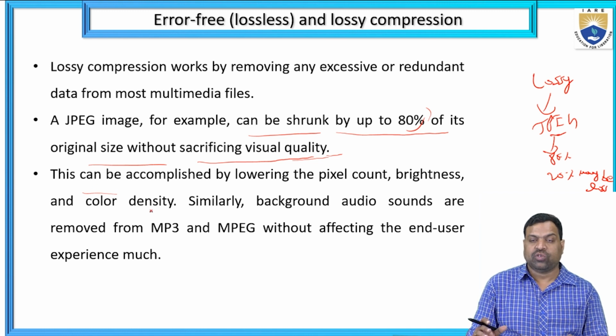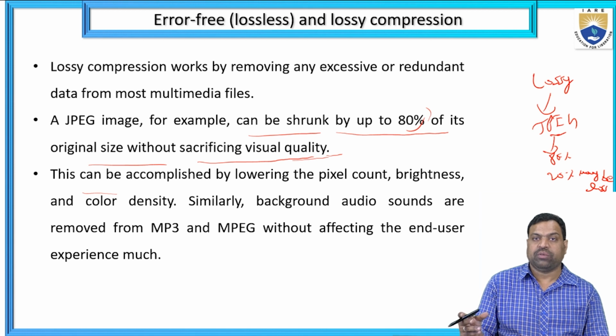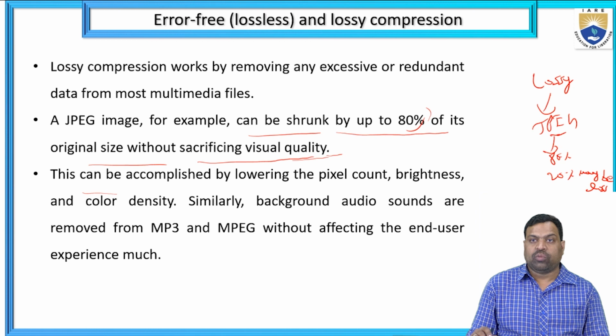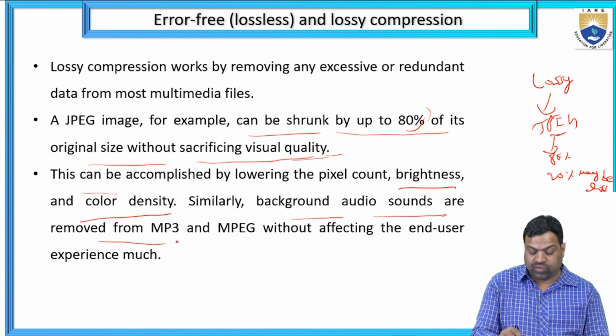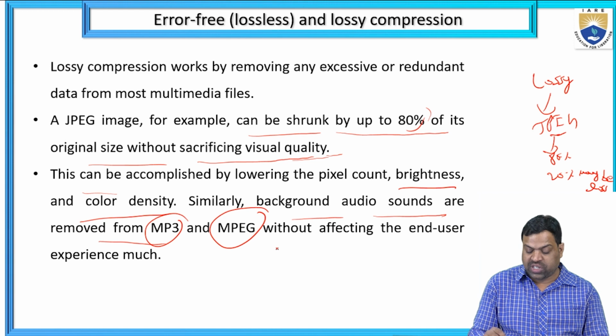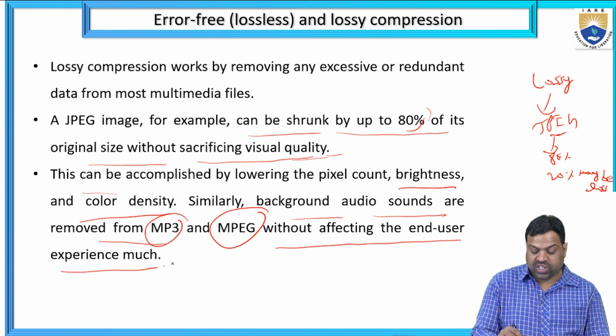Visually it is good, but maybe 20% of the background data will be lost, though visually it is okay. It is accomplished by lowering the pixel count, and the brightness and color density may be changed, but background audio sounds are removed from MP3 and MPEG without affecting the end user experience.